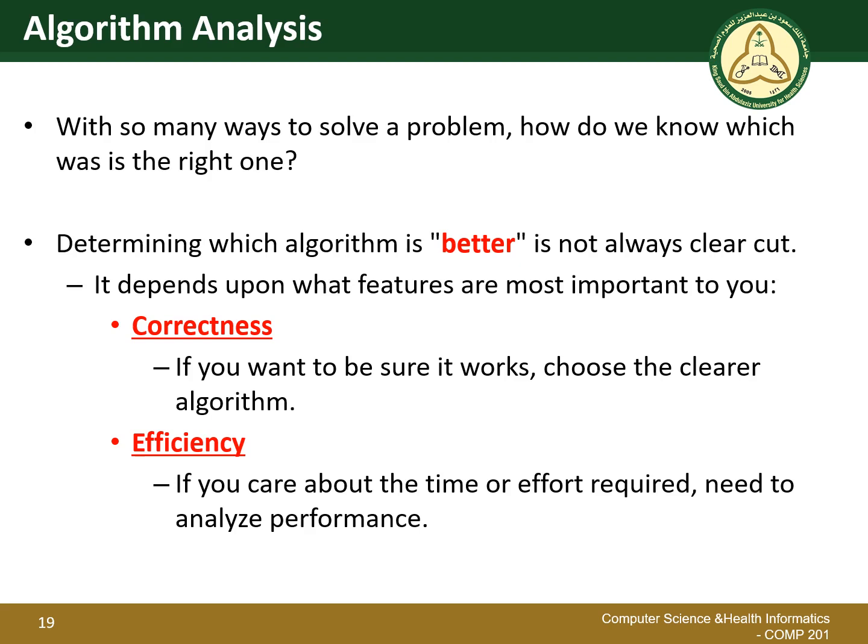The answer is not always clear-cut. It depends upon what features are most important to the application. كلنا نعرف إنه any application consists of a group of algorithms working together.